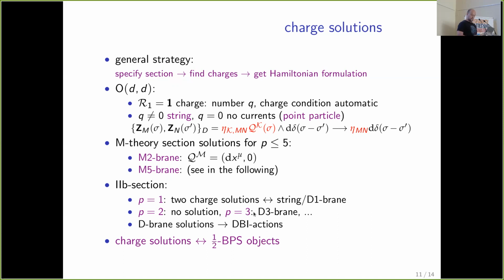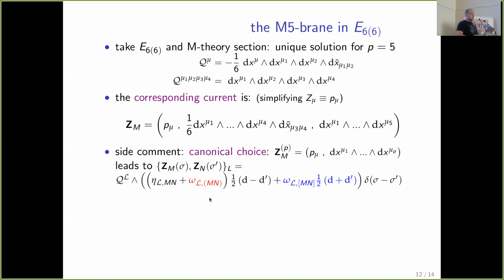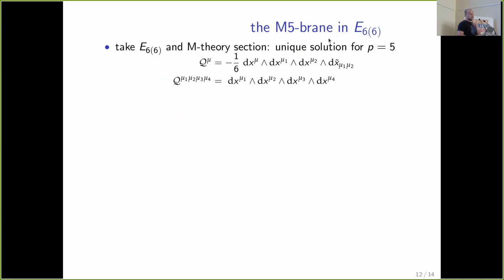Okay, and in view of time, I will go to the conclusion. Maybe just mention that, for example, for p equals 5, we need to go to D equals 5 or 6 to get the solution, and there this Q will be a 4 form, and will have such a form.